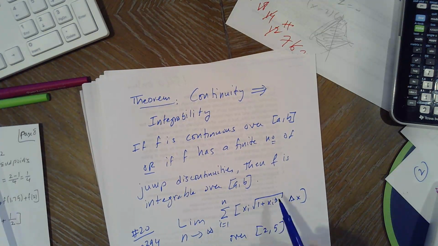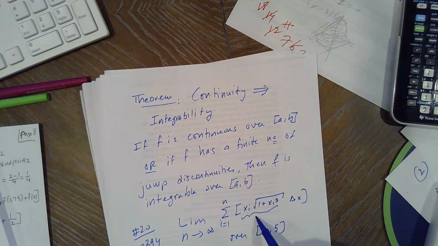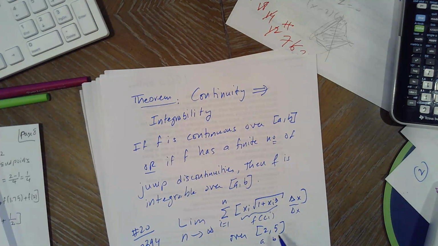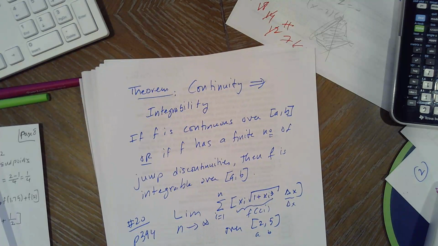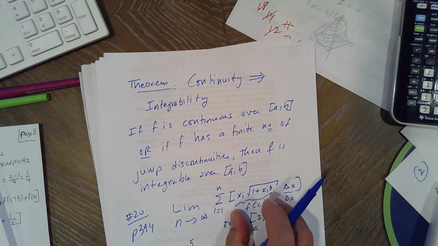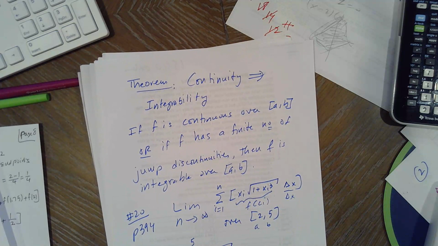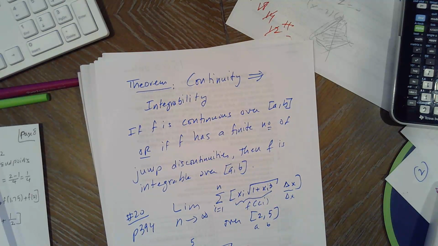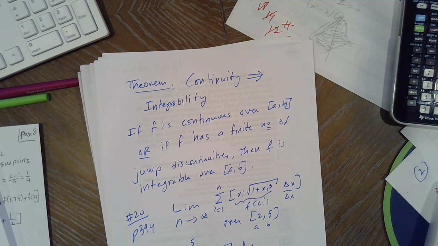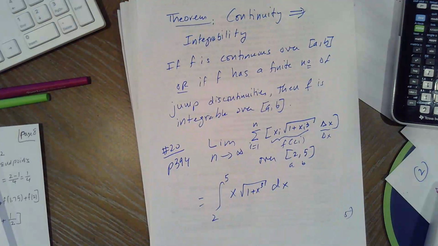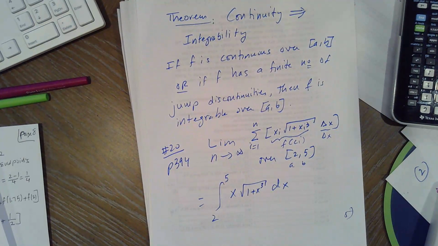Well, you can see this is my f of c_i, and this is delta x, and this is a and b. So the integral from a to b, f of x, which is x square root of 1 plus x cubed, and then delta x becomes dx. As simple as that. We're not evaluating, we're just writing the limit of the Riemann sums as a definite integral, so we can get used to that.